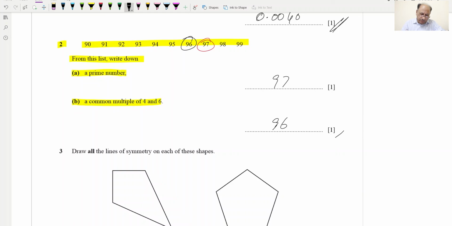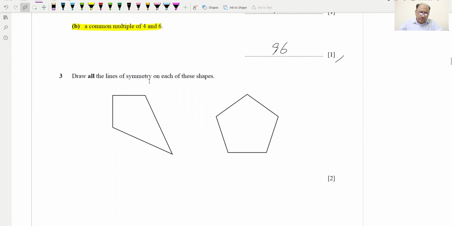And one more question: draw all the lines of symmetry on each of these shapes. This is question number 3. For this kite, this will be the line of symmetry.